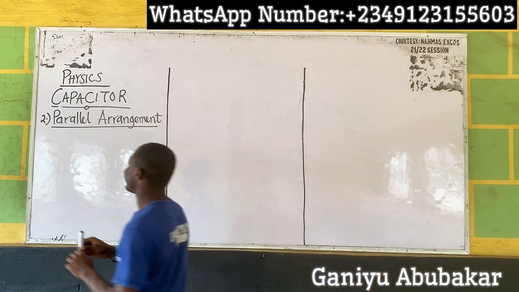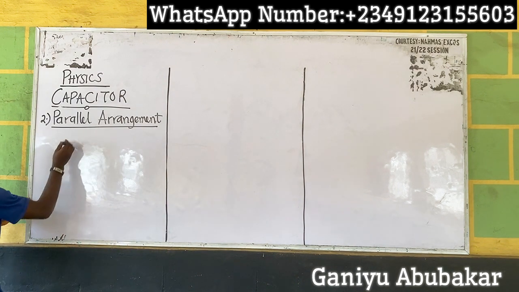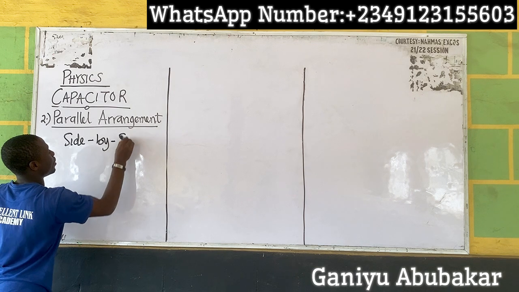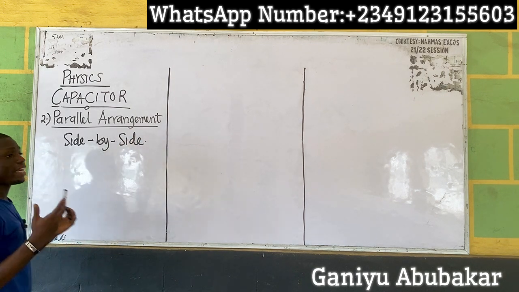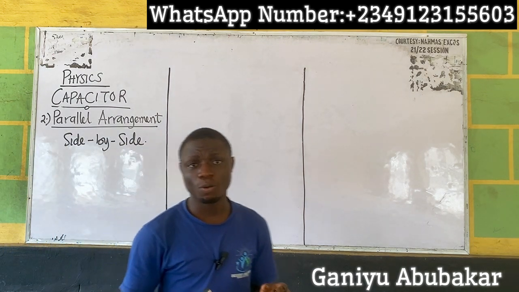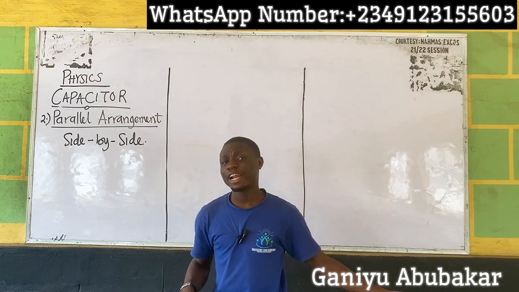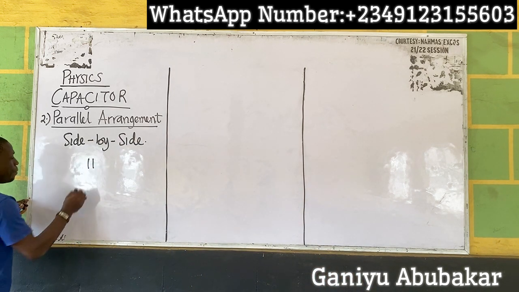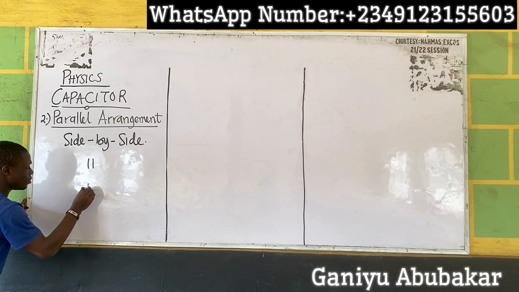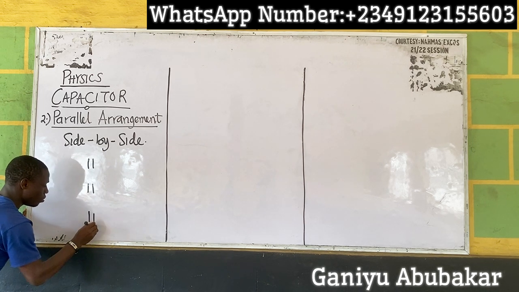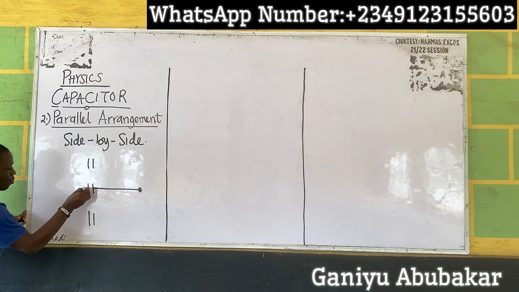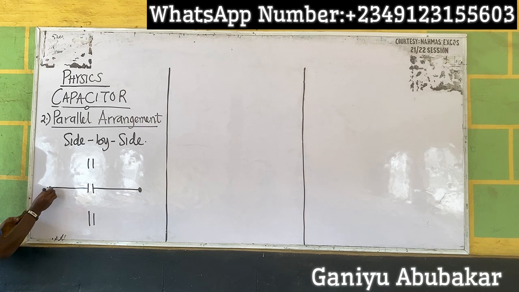So the circuit symbol for a parallel arrangement is given below. So draw this.